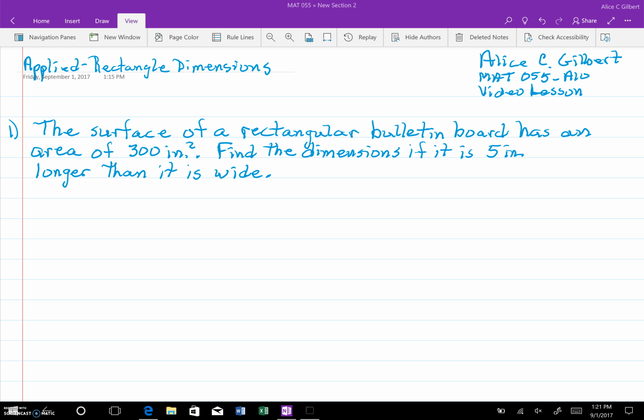The next thing we want to do after that is assign our variables and draw pictures. It's very, very important to assign your variables. If you don't assign variables, then you're going to have very, very much trouble. And assigning variables means writing let and then put a letter.